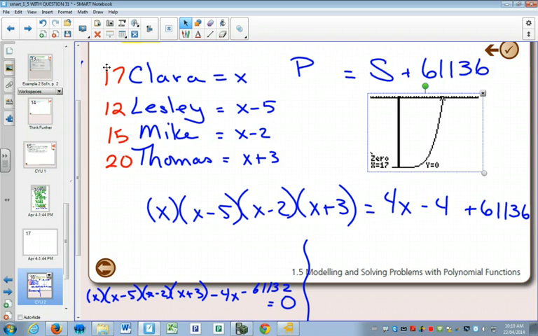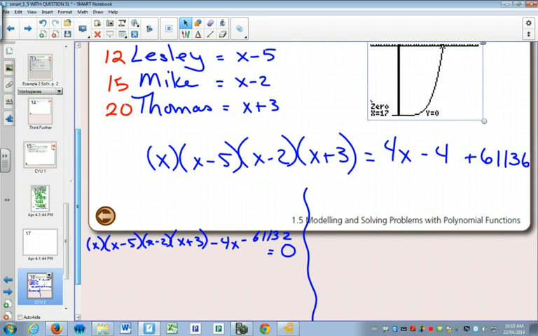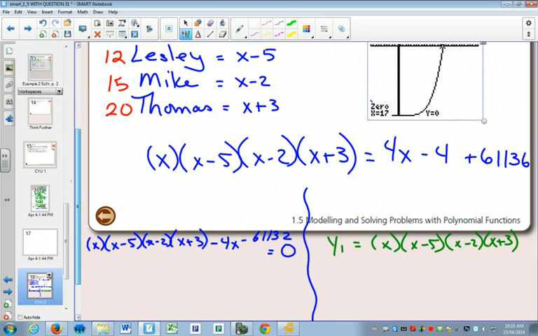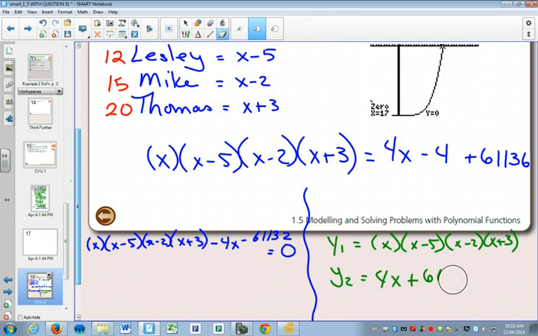So for the second one, since I've got two sides of the equation, I'm going to write x minus 5, x minus 2, and x plus 3 in one side. And I'm going to write 4x plus 61,132, because I'll combine those like terms, into the second side.